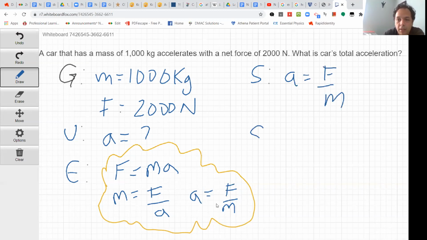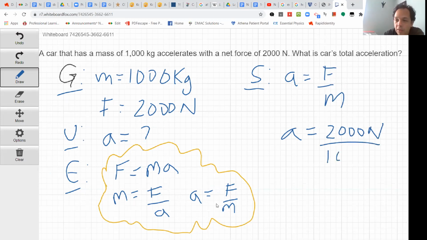Now we're going to solve it, right? This is the GUESS method: givens, unknowns, equation, substitute, and solve. Oh, I messed up. All right, we're still in substitute. So acceleration equals 2,000 newtons divided by mass of 1,000 kilograms.